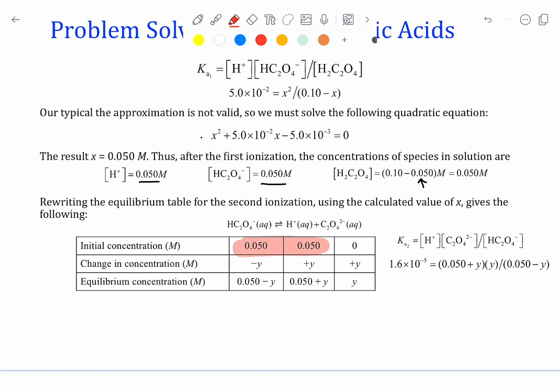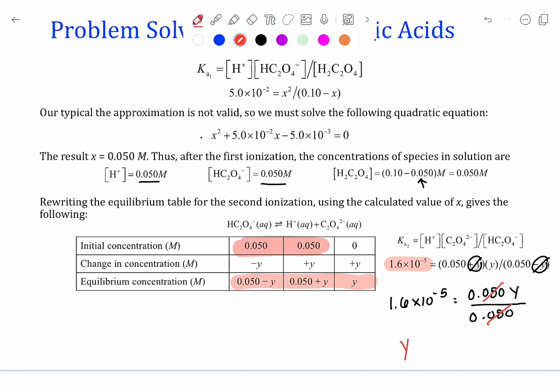So we have our Ka set up. Ka2 is 1.6 times 10 to the minus 5, and then we plug everything in from our equilibrium row there. Now our Ka is small enough where we can see those changes in y as negligible, which makes solving this problem a lot easier, because this basically comes down to 1.6 times 10 to the minus 5 is equal to 0.05y divided by 0.05, which we know that if we have the same thing on the top and the bottom, they cancel each other out.